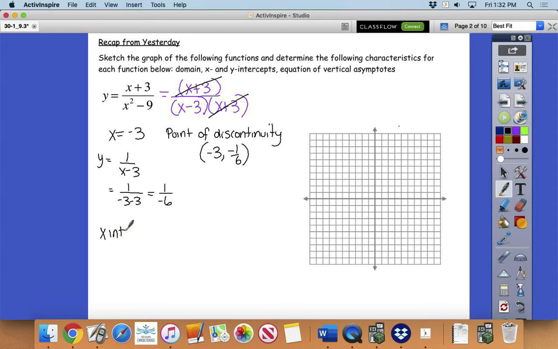So we know that this is our y coordinate for our point of discontinuity. X-intercepts. Well, we have 1 over x minus 3. There is no k value in this case, so the k value is 0, which means that there is a vertical and horizontal asymptote.